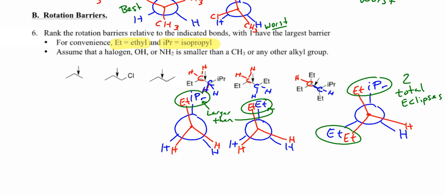So this is a worse eclipse. So right now, if I were going to rank just these, this would be the largest rotation barrier. This would be the second, and this would be the third, because although it looks like it ties because you each have 1 total eclipse, the one on the left is worse because of the size. Okay, finishing this off.